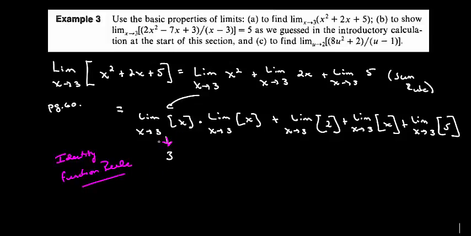So that's how I go from here to here. Same thing here. The limit as x approaches 3 of just x again is equal to 3. So the limit as x approaches 3 of x times the limit as x approaches 3 of x is 3 times 3, which is 9. The limit as x approaches 3 of 2, that's under the constant function rule.